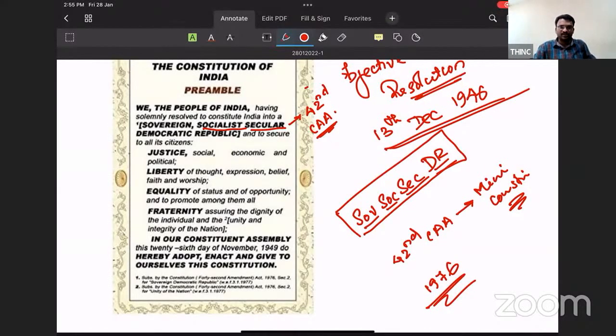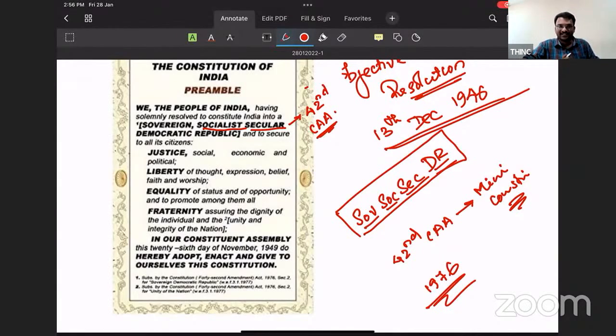Now we can read the balance of the preamble. It provides justice: social justice, economic justice, and political justice.